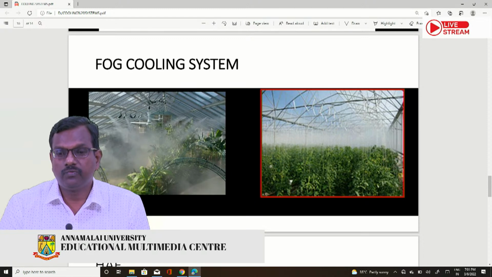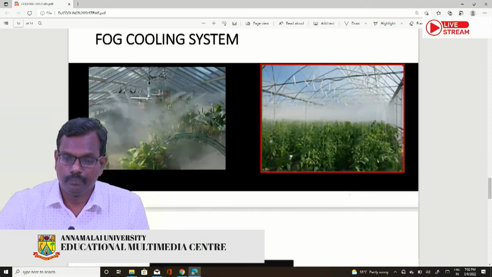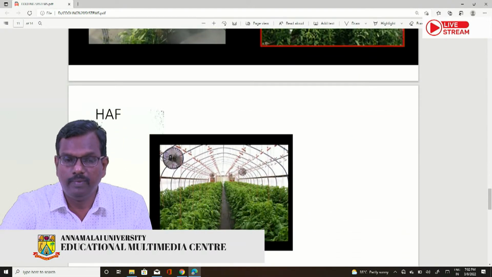Through these fine droplets, the temperature will be reduced and the relative humidity of the area will be increased. These foggers are also used for irrigation, right? So the advantage is that you can reduce the temperature, and you can also use it for irrigation purposes, and the amount of water used will be less.